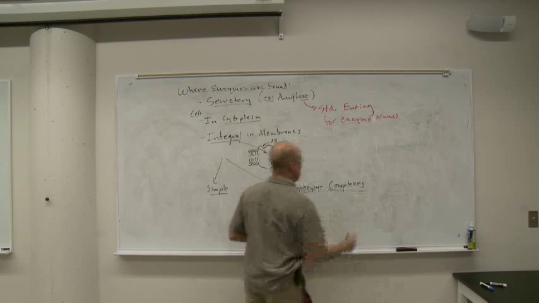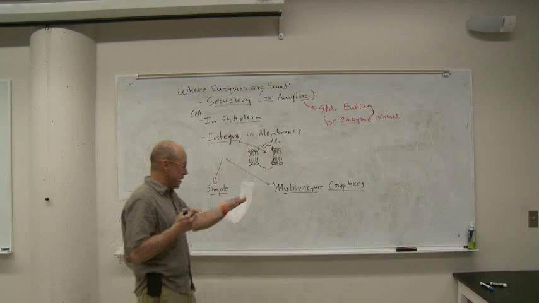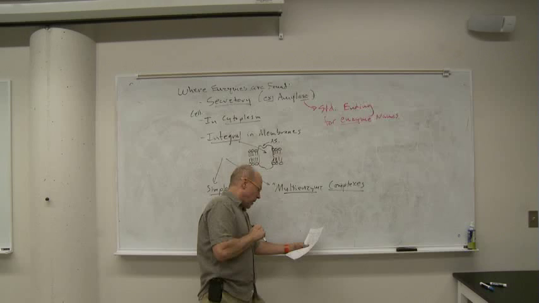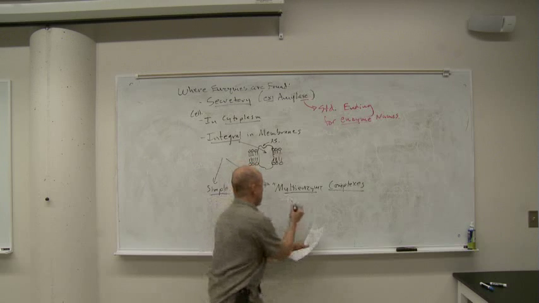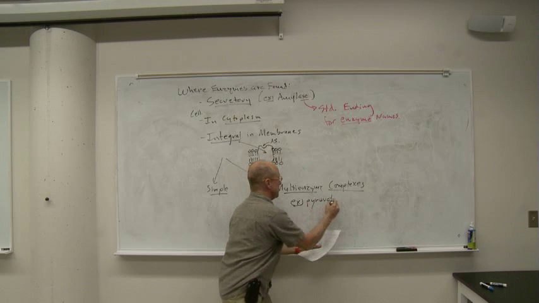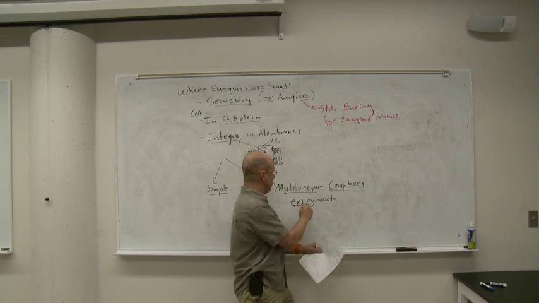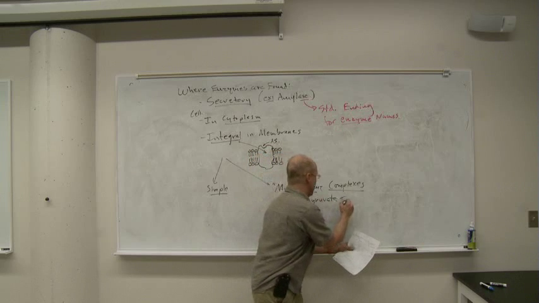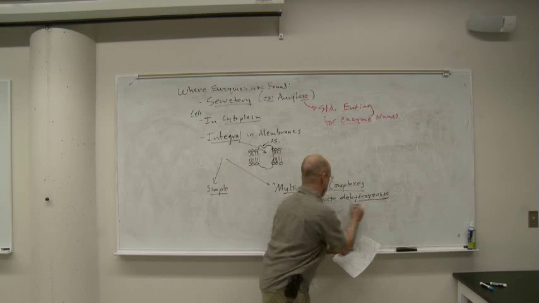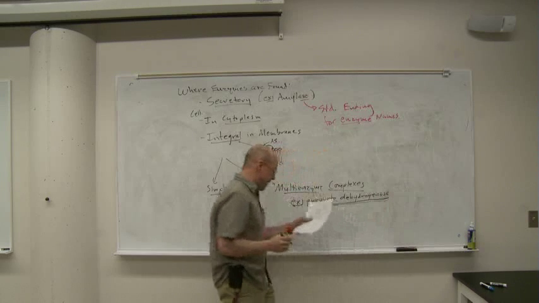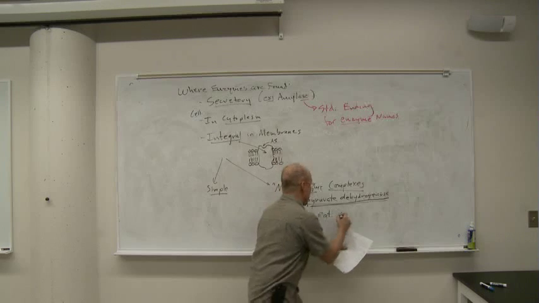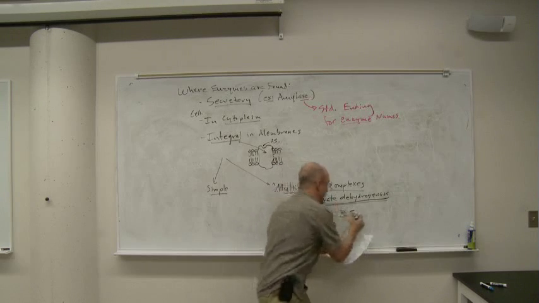Let's take a look at this. Your book will bring you to an example of one called pyruvate dehydrogenase. That name is going to become familiar to you in the metabolism chapter. Pyruvate dehydrogenase is an enzyme complex. It actually catalyzes 3 sequential reactions.